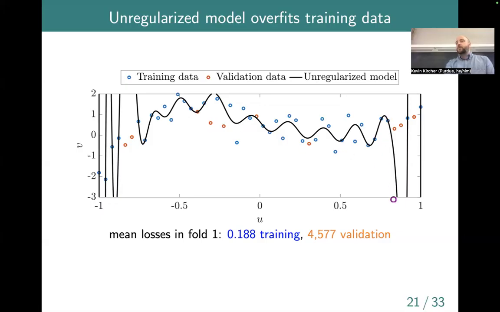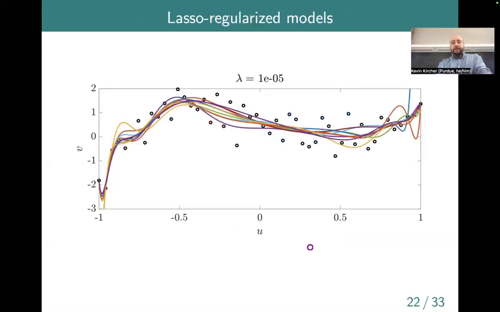And this function is just like really noisy. It's very sensitive, right, to small changes in any of these features. So here we have a really low loss, a 0.2 loss in the training data, but in the validation data, we're at like 5,000. So just radically worse fit in the validation data. So we have overfit the training data here.